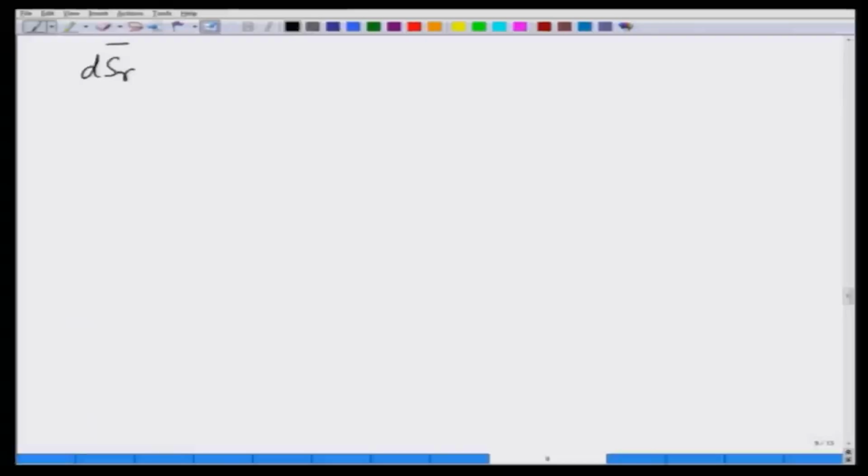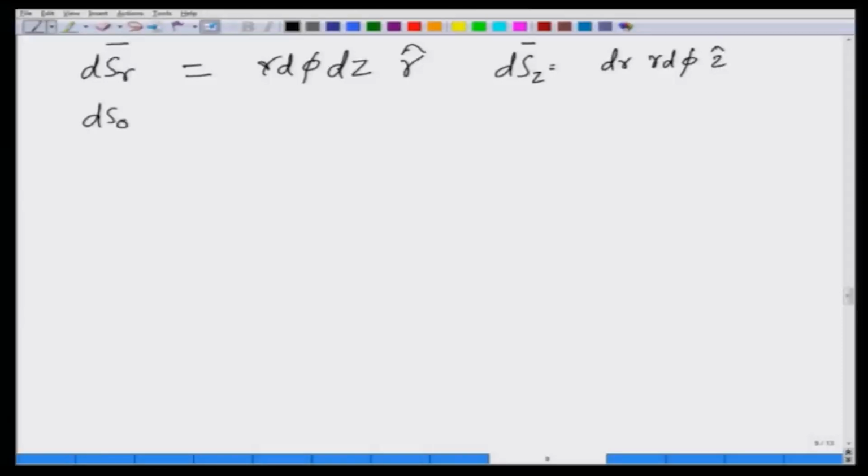The vector surface area at constant r: move along phi, you move r d phi, then move along z, you move dz, and attach the unit vector along r. At constant z, you move along r, you move along phi, and attach the z unit vector. On the constant phi plane, you move along r and along z and attach phi.